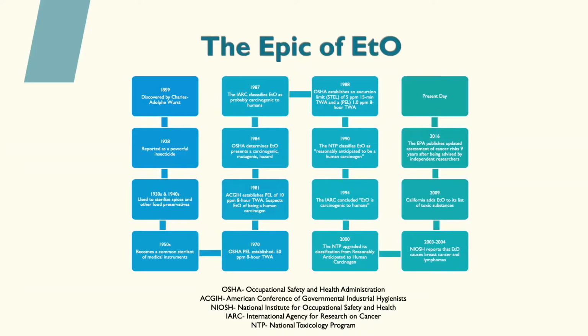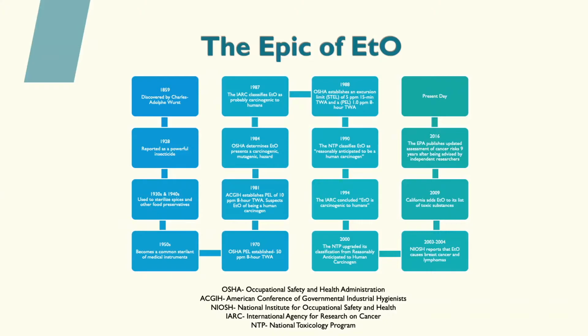In 1990, the National Toxicology Program classified ETO as reasonably anticipated to be a human carcinogen. In 1994, the International Agency for Research on Cancer concluded that ETO is a carcinogen to humans. So it took 7 years for that conclusion to happen after they first classified it as probably carcinogenic to humans.